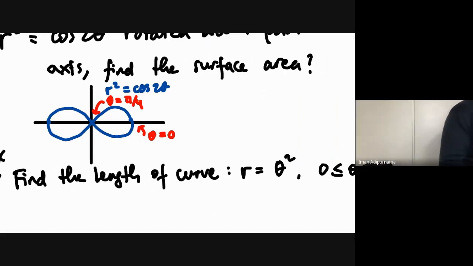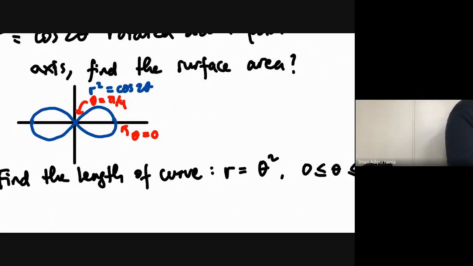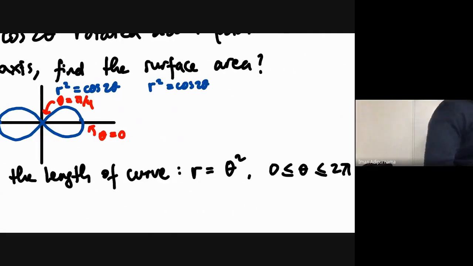Now we can write the equations here, because in surface area we need to find the arc length, right? First, dr over d theta plus r, right? So we need to find r, which is just this.